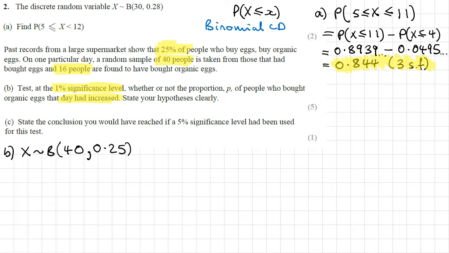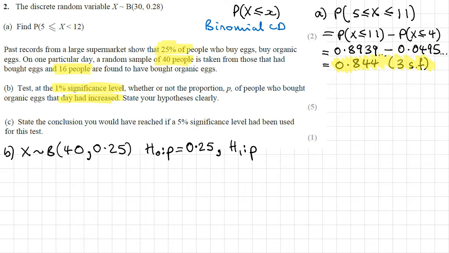Next, we write down H0 and H1. Now H0 is going to be what was the historical probability of people buying eggs from the supermarket. Well, that's 0.25. What are we testing for? So it says here it had increased, so it is a one tail upper tail test.